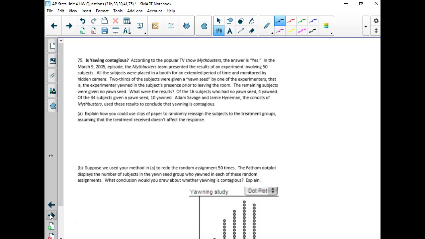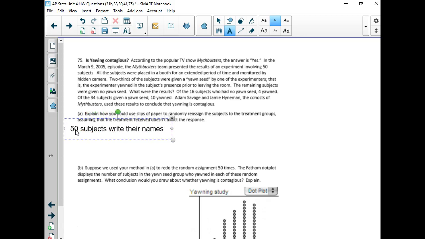Okay, so we have 50 people. What we would do is we could put everyone's name in a hat. We could do it a couple different ways, okay? If we want to use people's names in a hat, we would say 50 subjects, write their names on equal size paper.